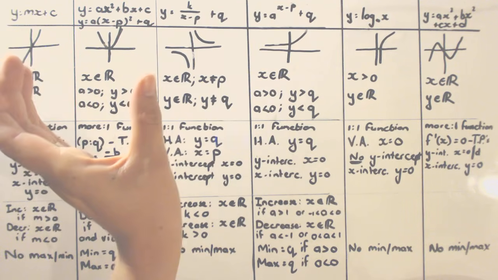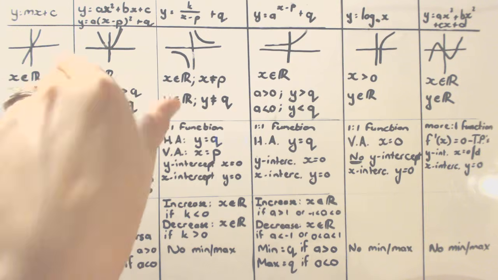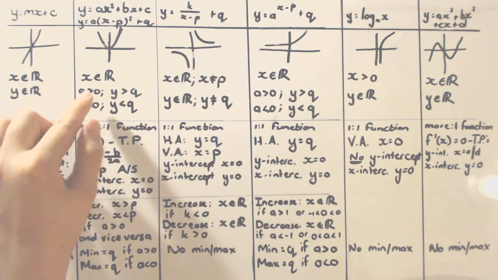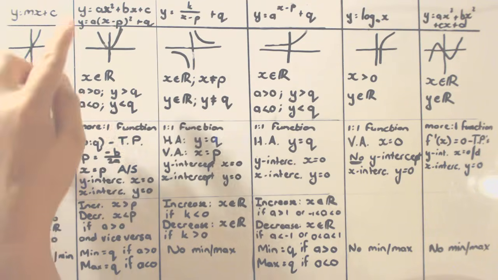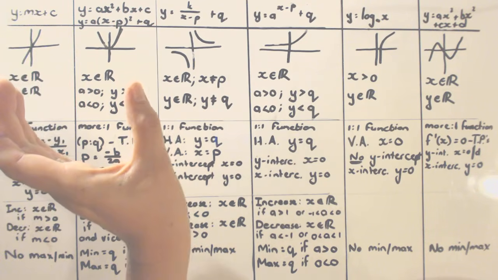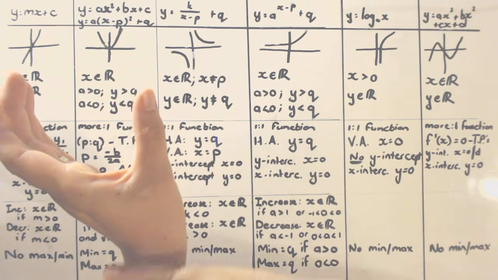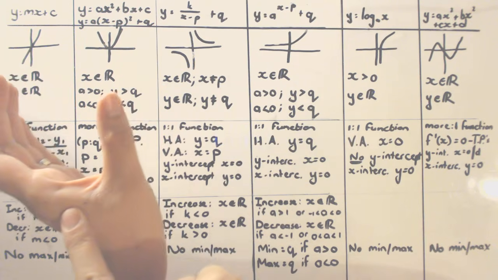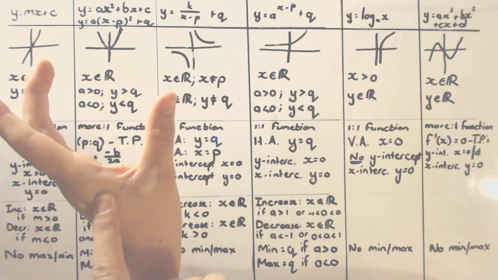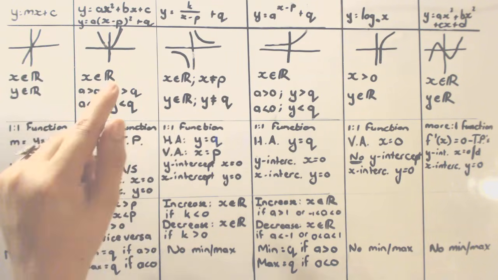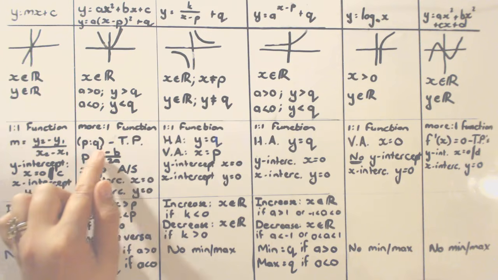So depending on whether my graph is facing upwards or downwards, I can say if my a value is positive, that means the graph faces this way, then y will always be bigger than the point q. You know, (p; q) is your turning point.